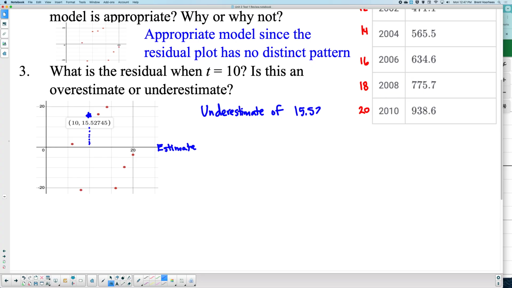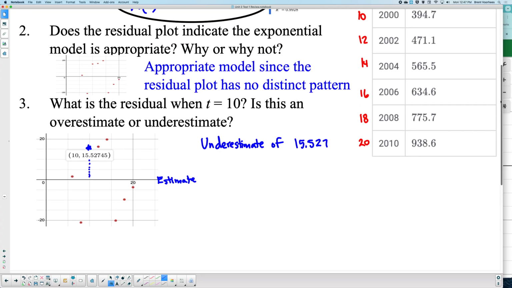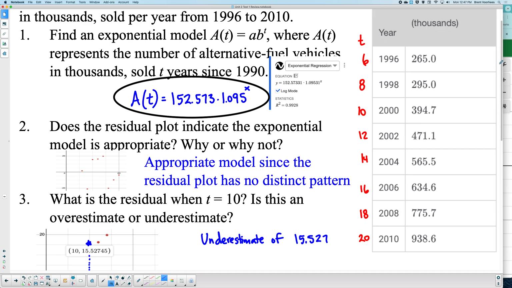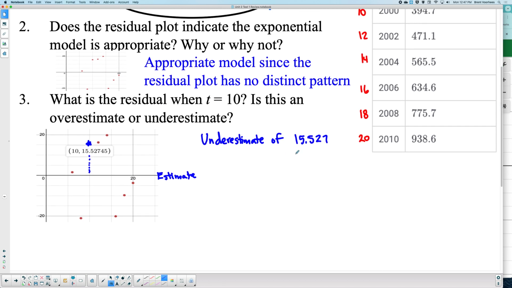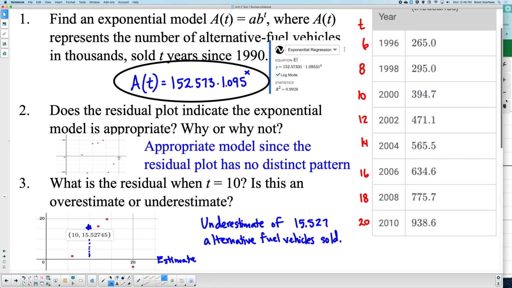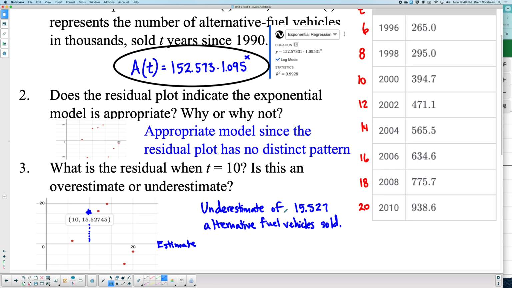I don't know what these units are. Is it thousands of vehicles? What was the Y value originally? Alternative fuel vehicles. Underestimate of 15.527 alternative-fuel vehicles sold. So that's the Y was representing the alternative fuel. I need a hyphen in there. It's an underestimate.